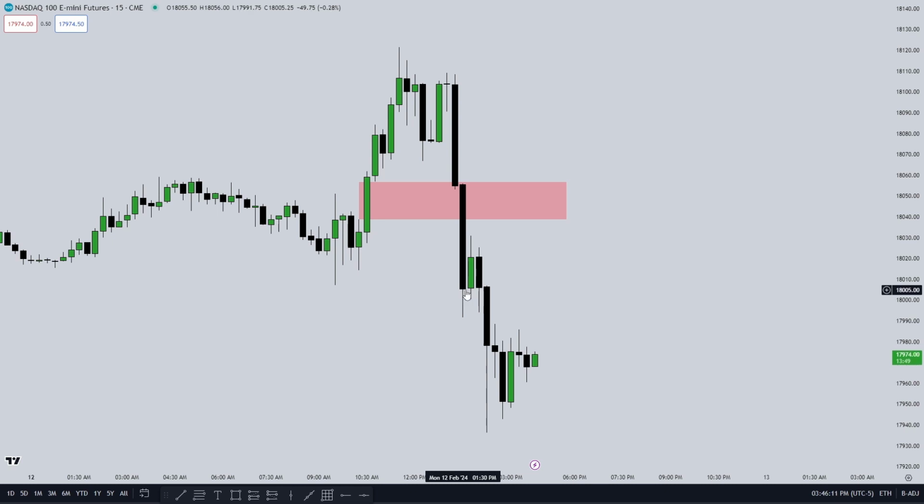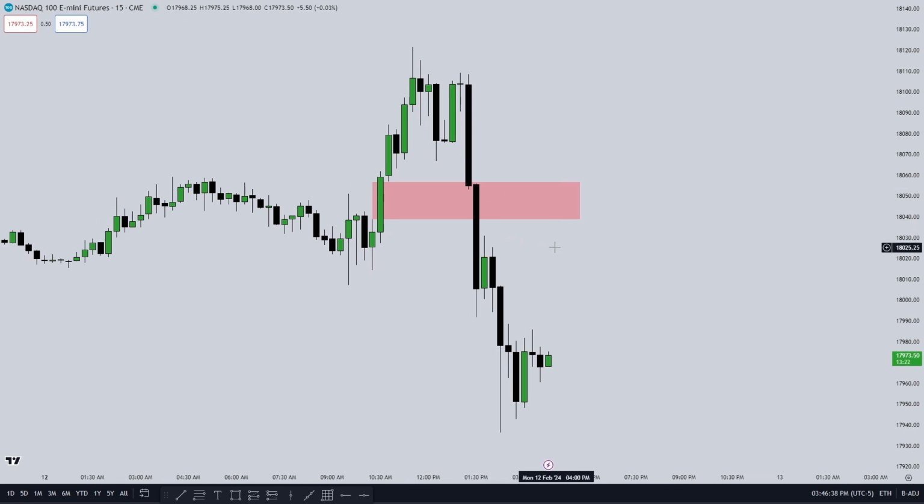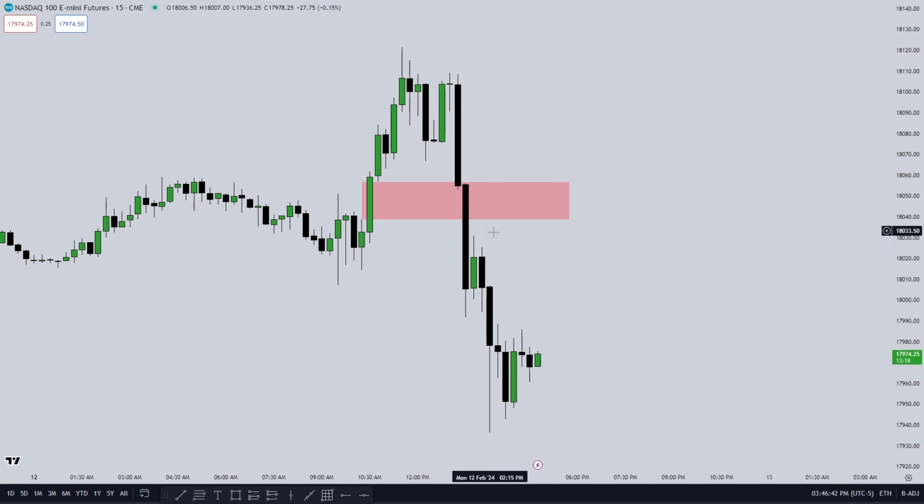So for bearish candles, the close of the candle is always going to be over here at the bottom, while the close for bullish candles is always going to be at the top. So just keep that in mind if you didn't know that. If you did, I apologize, but if someone didn't know that, then I hope you found that useful. But that is the close of the candle.